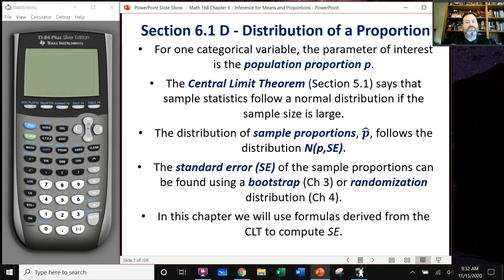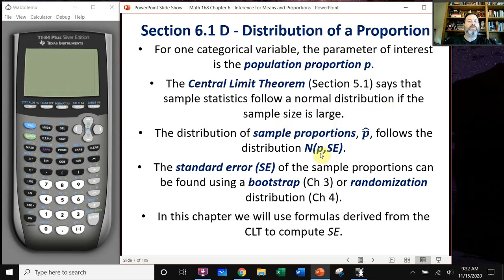Bullet 3, the distribution of sample proportions p hat follows the distribution N(p, SE). Let's talk about this real quick. What this is saying is that, at least at this stage, the distribution of a proportion, assuming we have a large sample, will be normal. Okay, that makes sense. So it's normal.